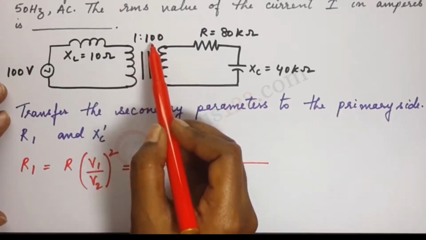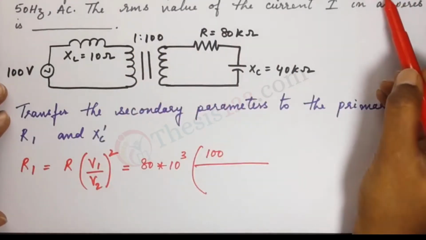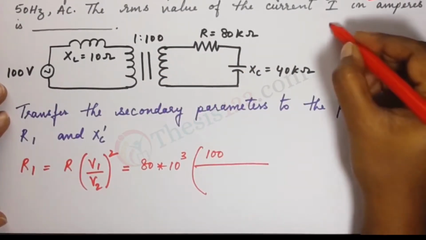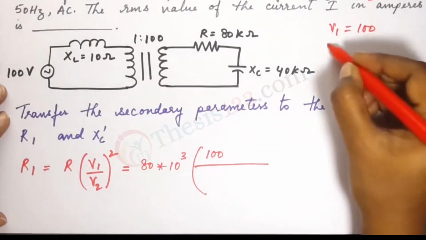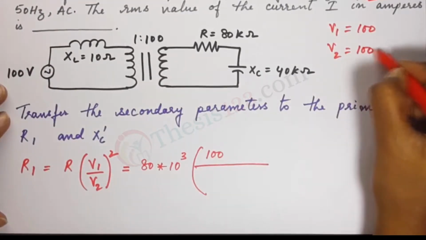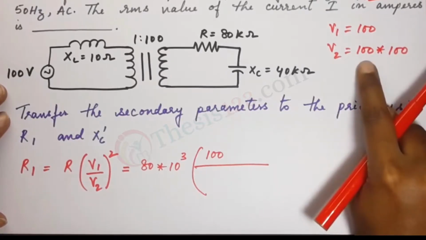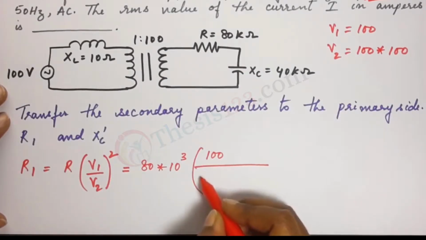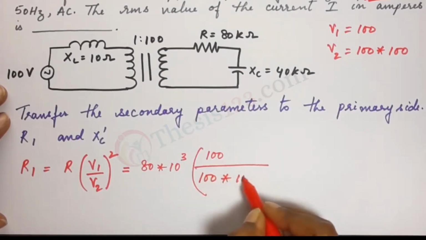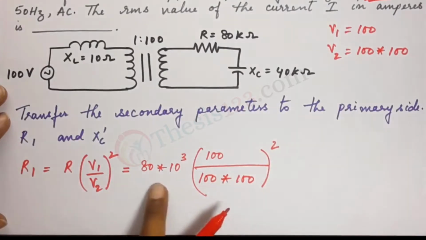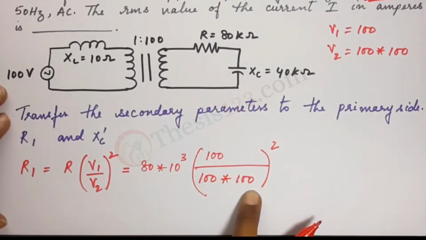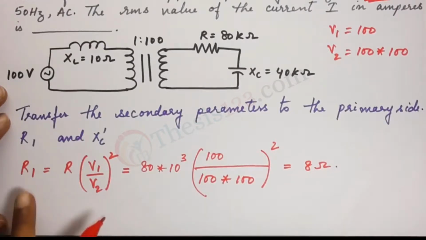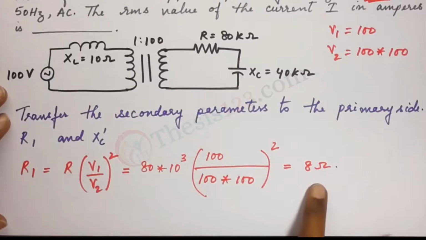If V1 is 100, then V2 will be 100 into 100. So here we have 100 divided by 100 into 100, squared. That gives us 8 ohms. So the value of R1 here is 8 ohms.